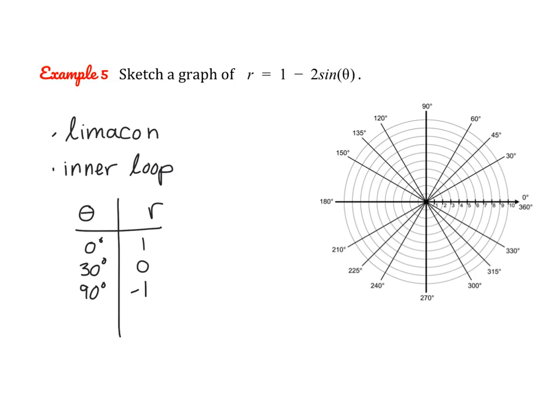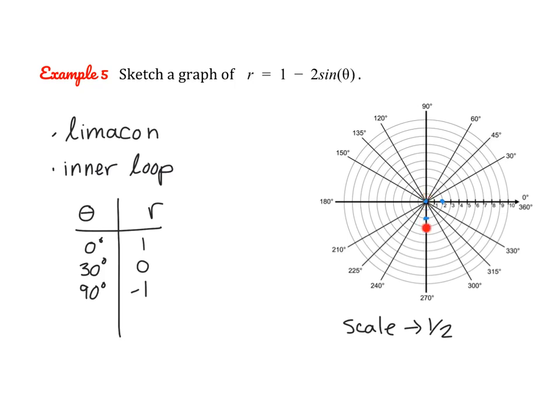I'm going to change the scale again. Imagine the scale of our rings is by every 1/2, just to make it a little bit easier for me to plot it. For 0 degrees, it brings us to 1. For 30 degrees, it brings us to 0. And then for 90 degrees, it brings us to -1. So we're actually going to go in the negative direction, like this.